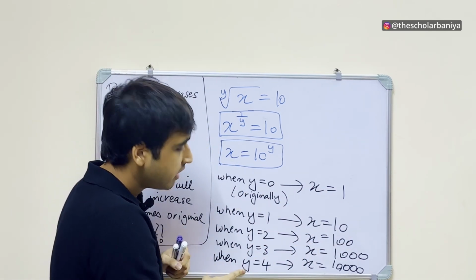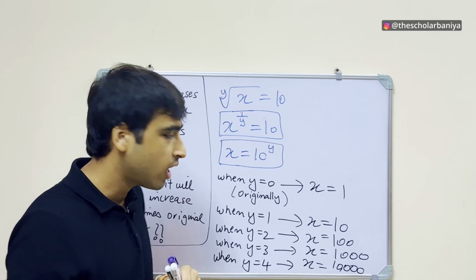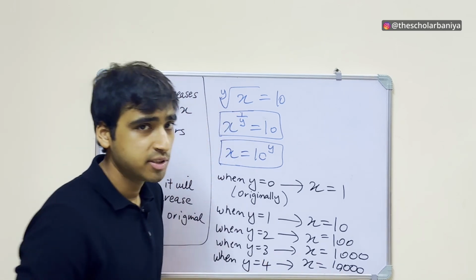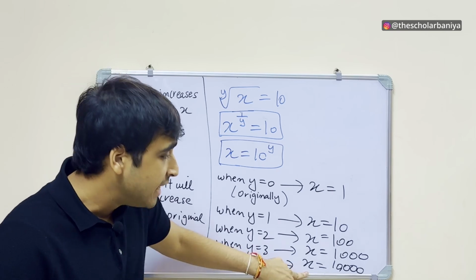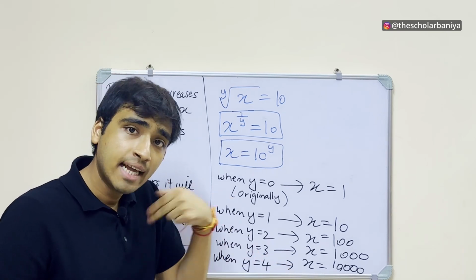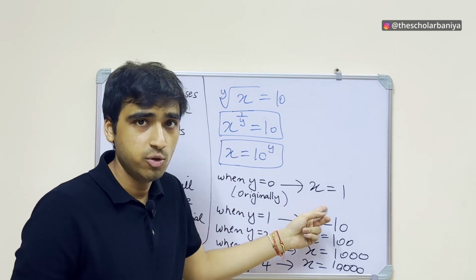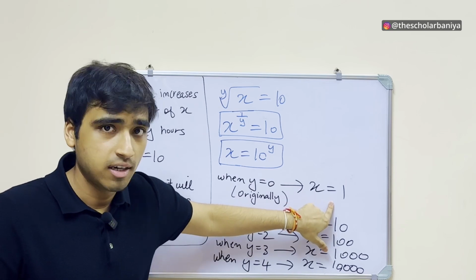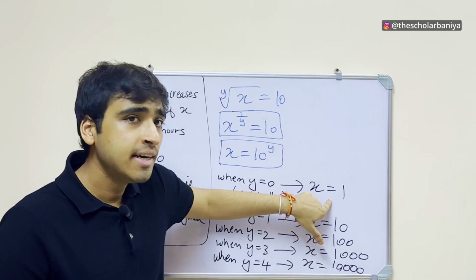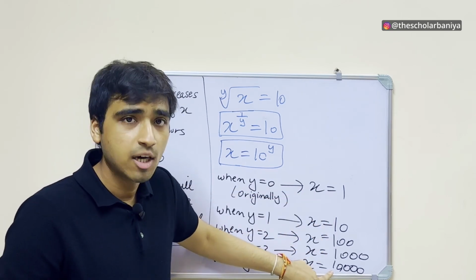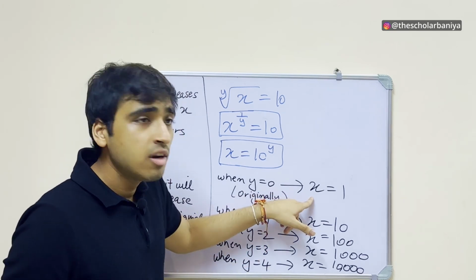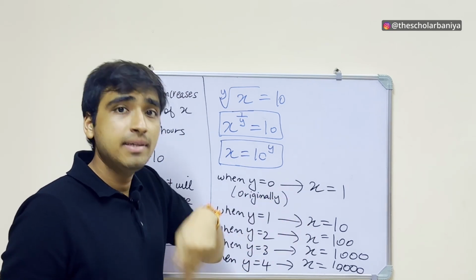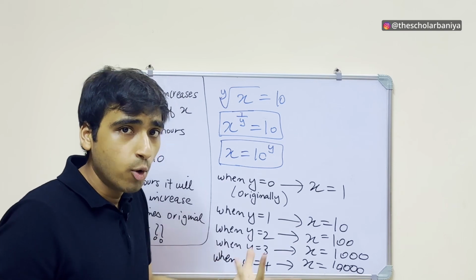After 4 hours, when y is equal to 4, x becomes 10,000. That means after 4 hours, the value of x has become 10,000 times the original value, because the original value was 1. So if you multiply 1 into 10,000, it will give you 10,000, right? That means after 4 hours, the original value of x has become 10,000 times more.